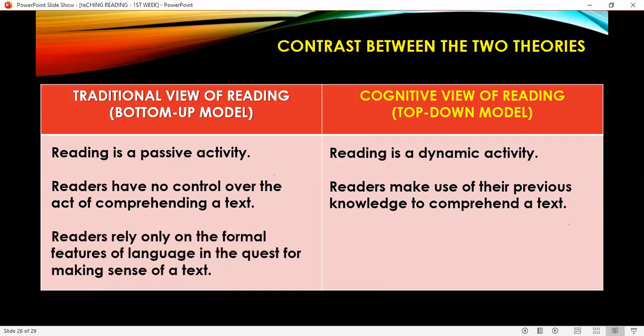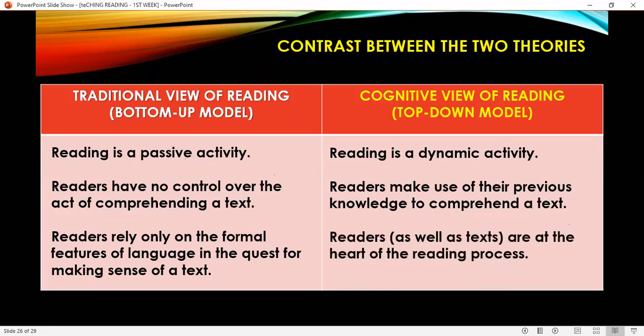And the third one, readers rely only on the formal features of language in the quest for making sense of a text. Remember, the formal features of language, the analysis of words, patterns, structures. This is the formal features of language.